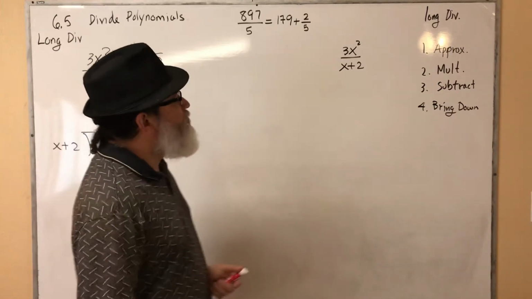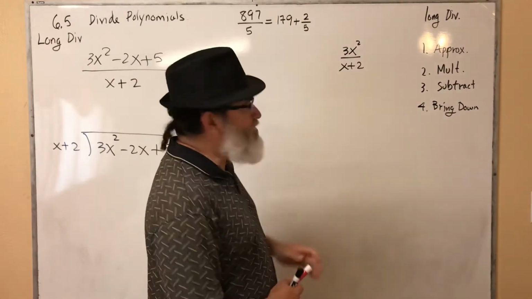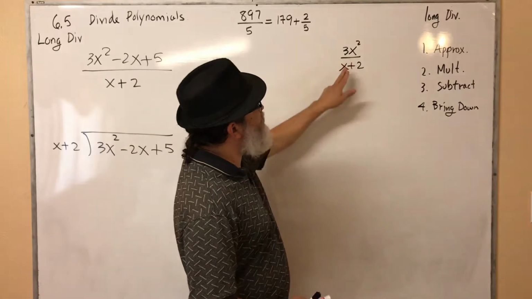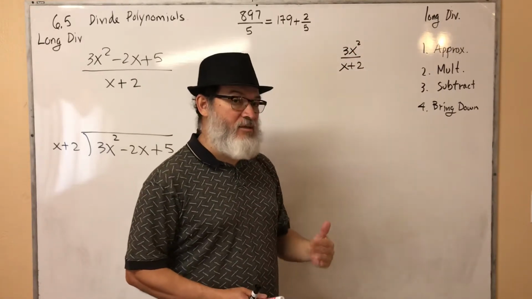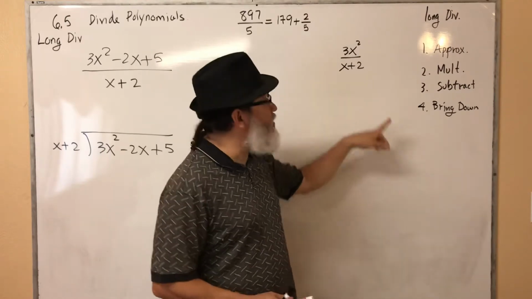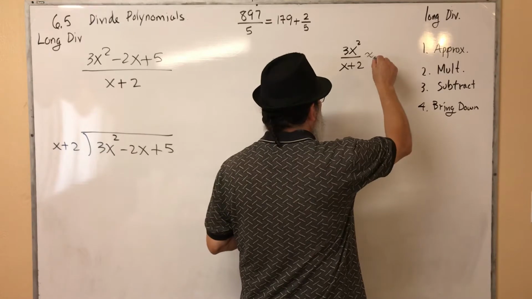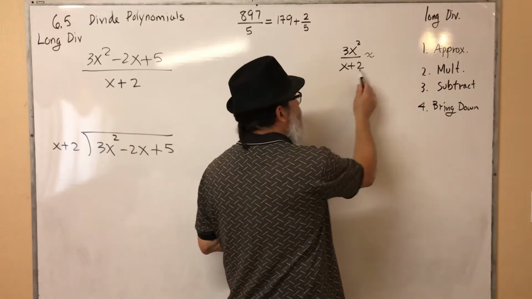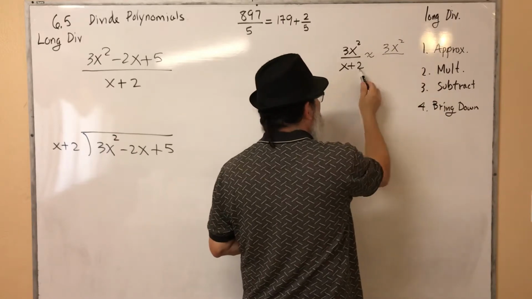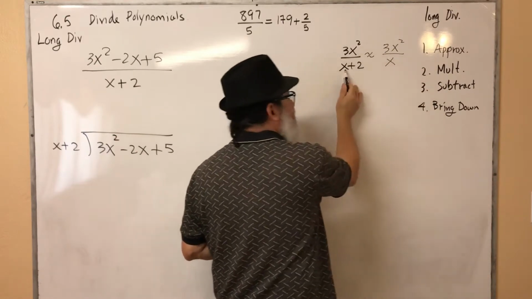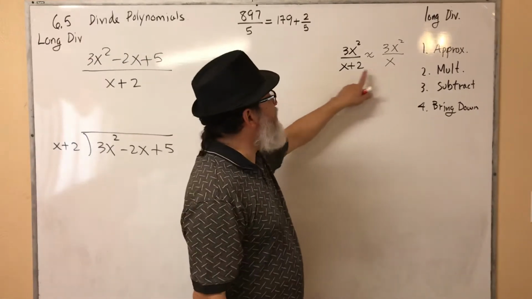Now, because we want to approximate, and because this x plus 2 does not go into that, here's what we're going to do to approximate. We are going to drop the 2. So this is approximately, let's drop this 2. 3x squared divided by, drop the 2, x, and keep that. Hey, this is an approximation of this.